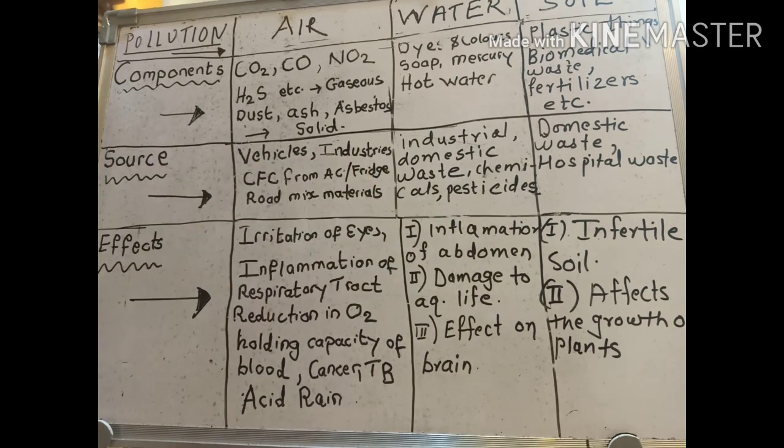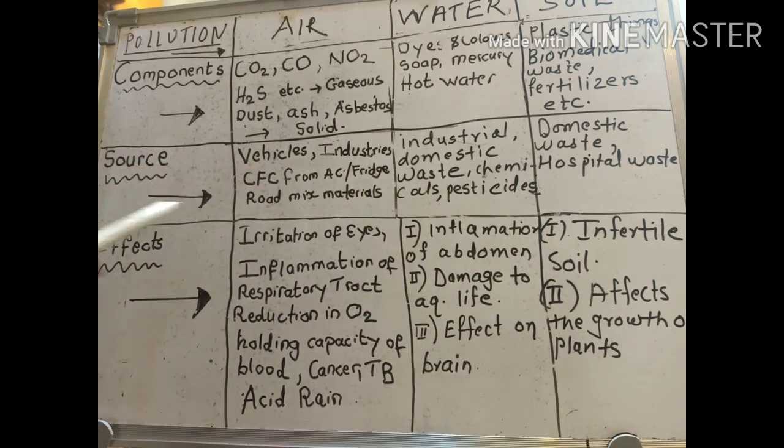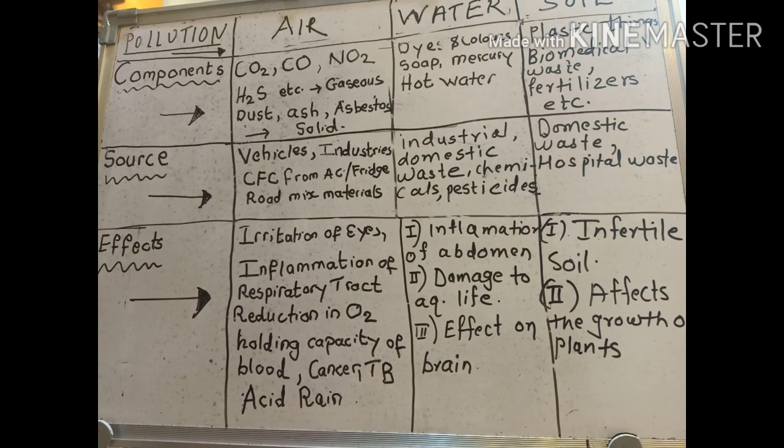These pesticides, if they are sprayed on fields near a river or a lake, may mix with the rainwater and flow into the nearby water bodies, causing water pollution as well. Right? So these are the sources of water pollution, and the effects: if you consume polluted or contaminated water, it will have an effect on your digestive system. So inflammation of the abdomen, that's the stomach, and damage to the intestines may also take place.